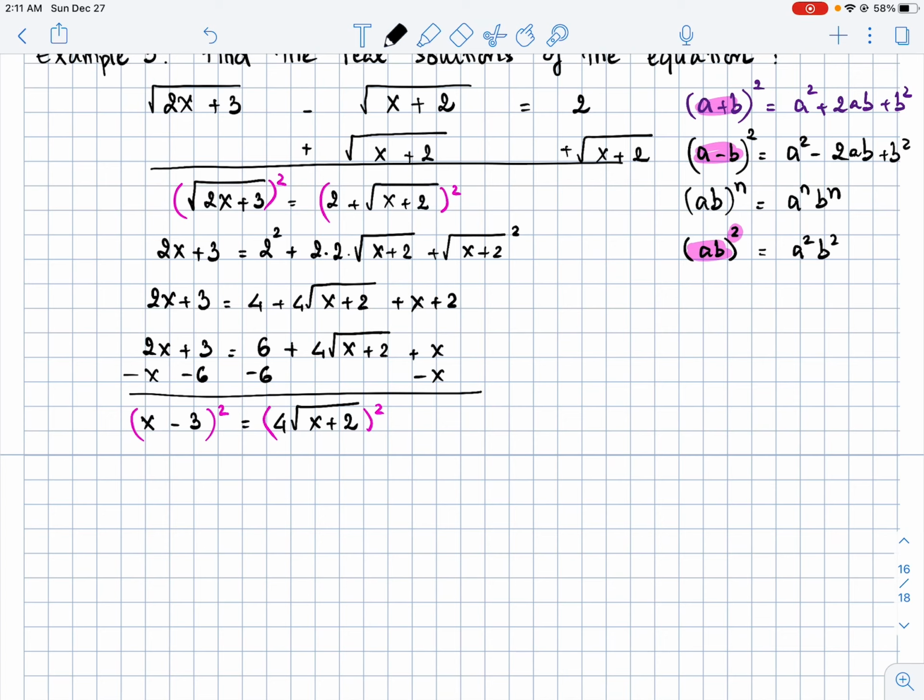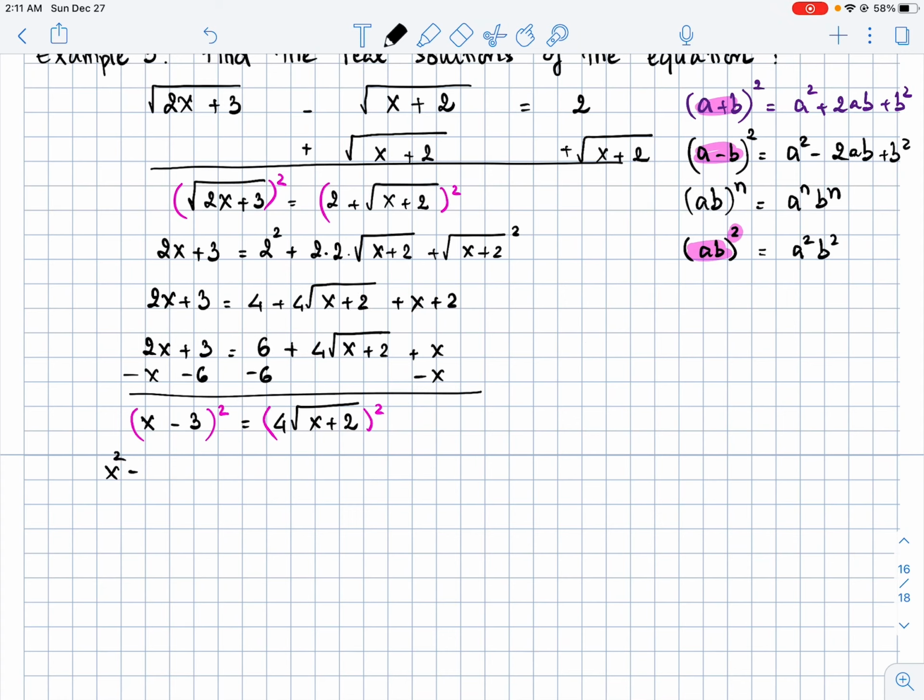So for a minus b squared, we will apply it to x minus 3 because between x and 3 we have a minus. So for this one, we will apply the a squared minus 2ab plus b squared formula.